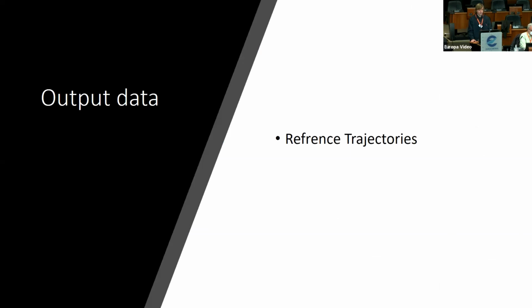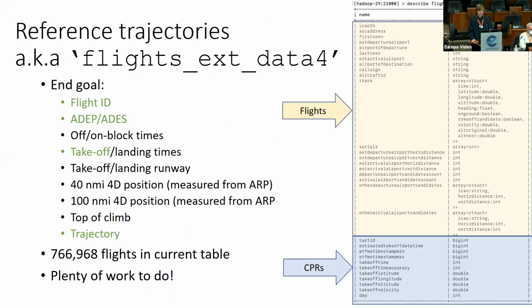The output of joining these in the first iteration is, as already mentioned, reference trajectories, right? It already is present in OpenSky but not publicly available yet.